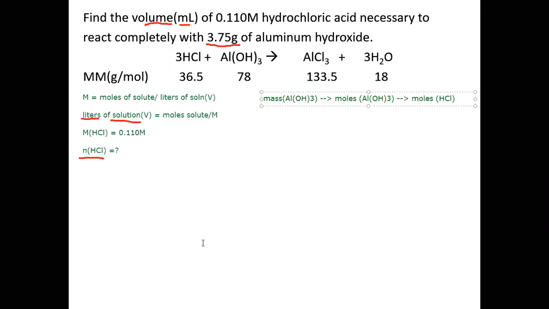So we set up our train track. We start with the mass of aluminum hydroxide. Now we want to convert that to moles, so we divide by its molar mass.